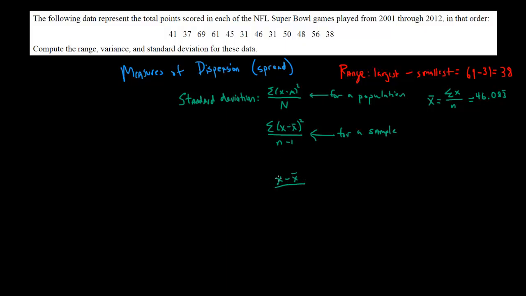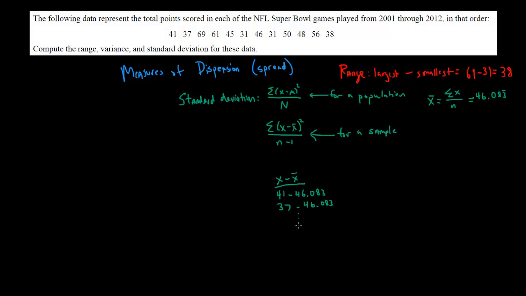Okay. So let's see here. So we're going to have 41 minus x bar, which is 46.083. And then we're going to have 37 minus 46.083.